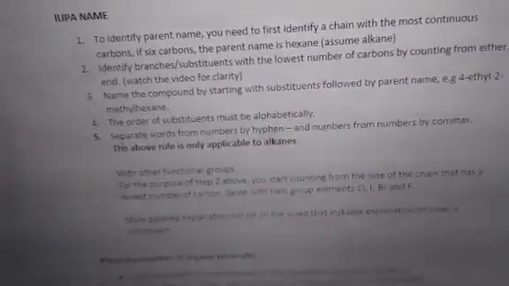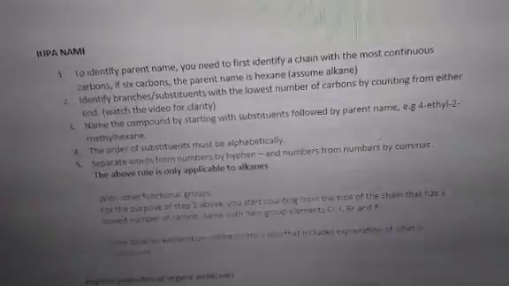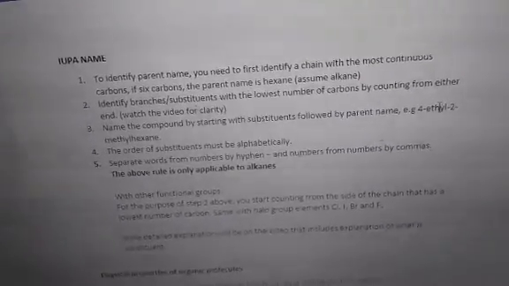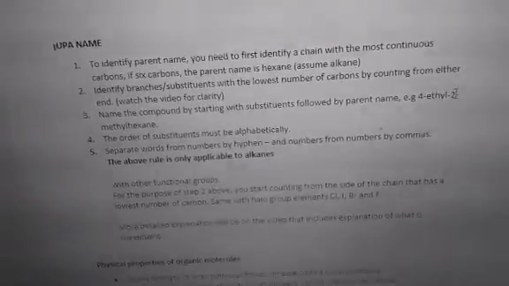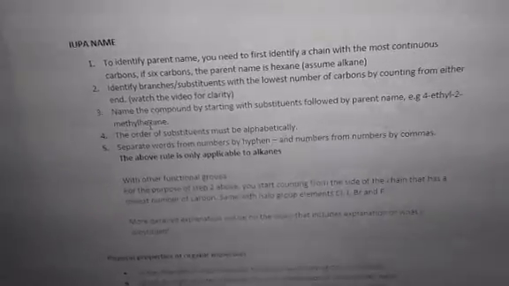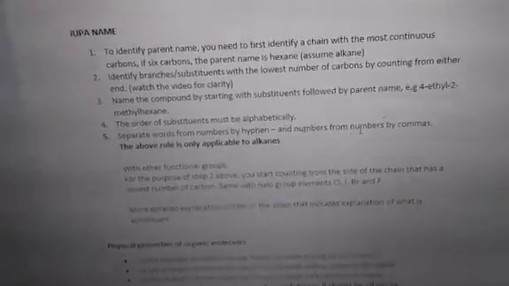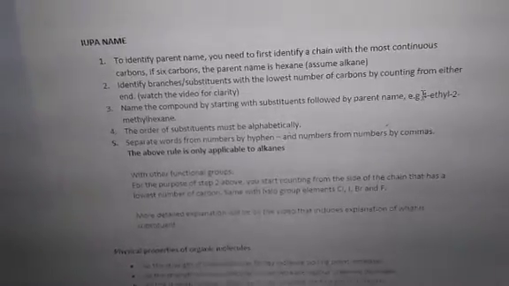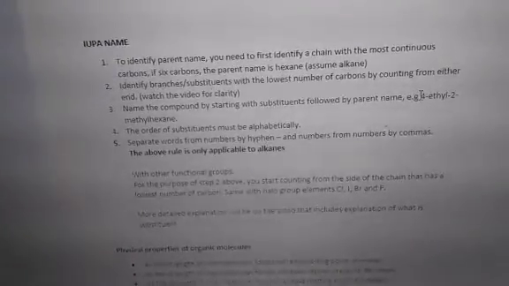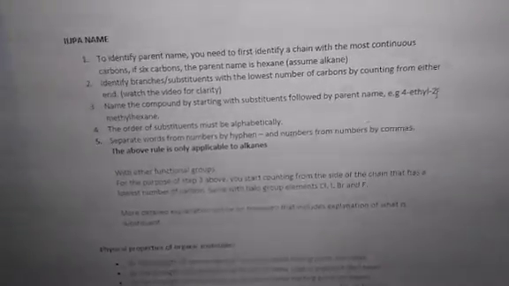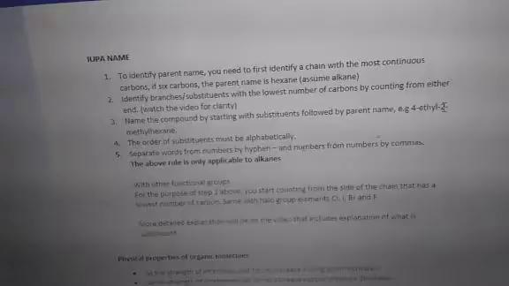Again, separate words from numbers by hyphen. This is a word because it's ethyl. Then there's a hyphen because there's a number. There's a hyphen again. There's a word. Numbers from numbers by comma. If there was a number close to this number, we would have a comma in between to separate those numbers.